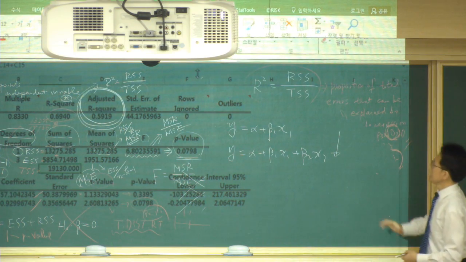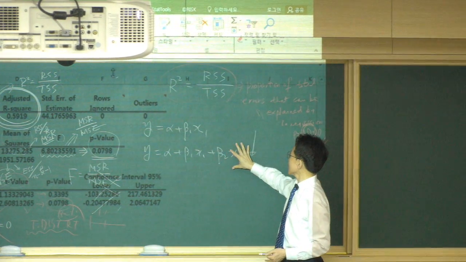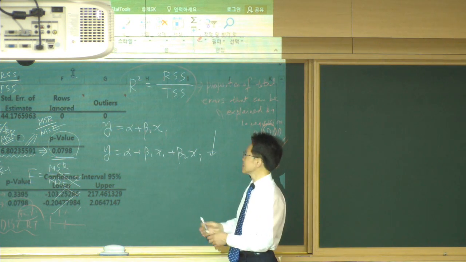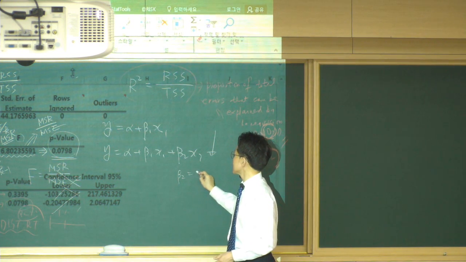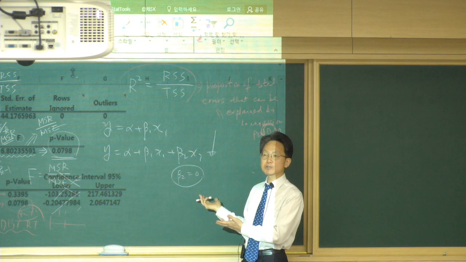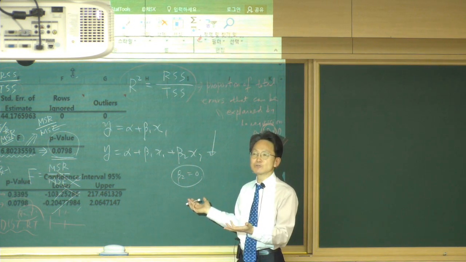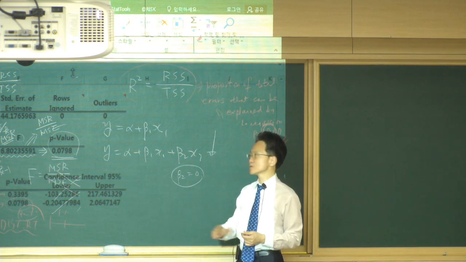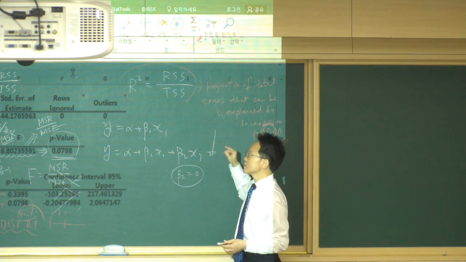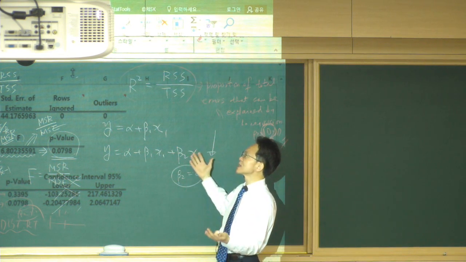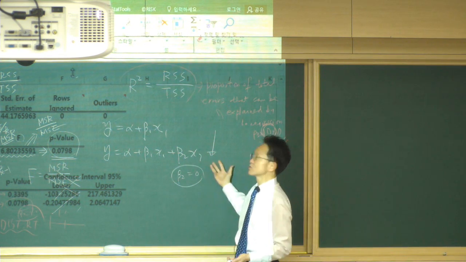Because if it is true that x2 is useless, then we can always put beta 2 equals 0. We have nothing to lose by adding one more variable, because whenever the extra independent variable is meaningless, we can just put beta 2 equals 0.